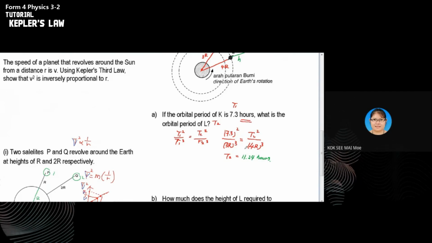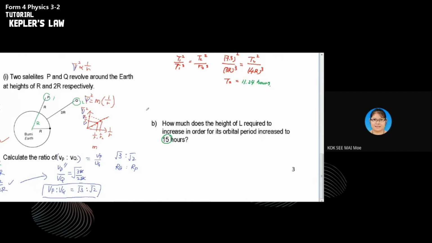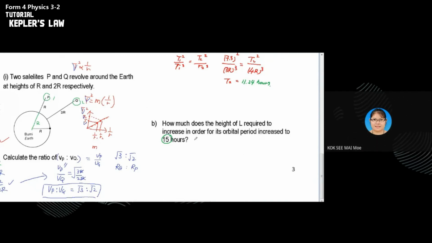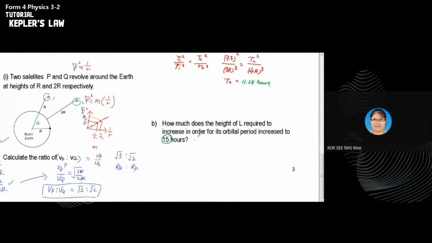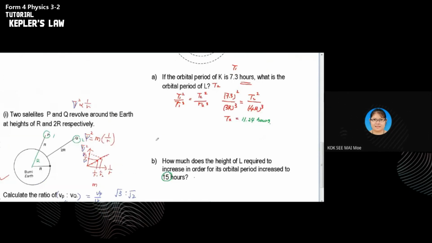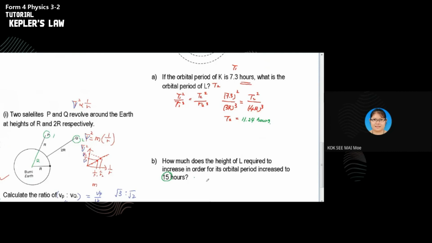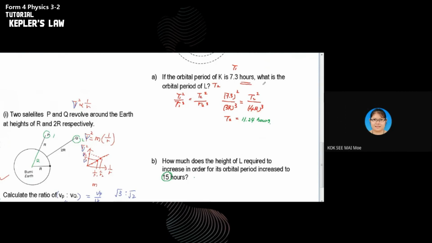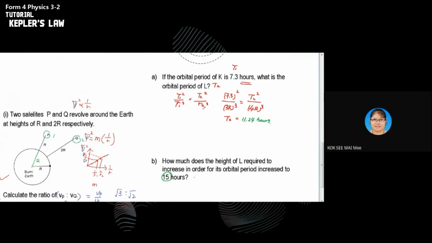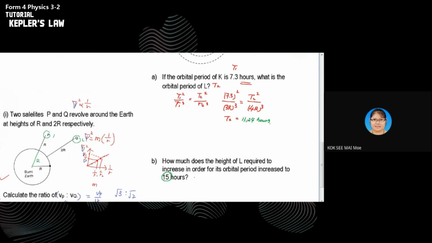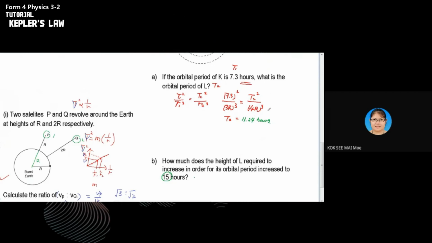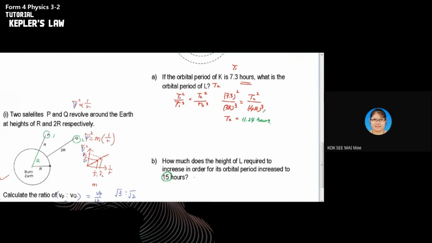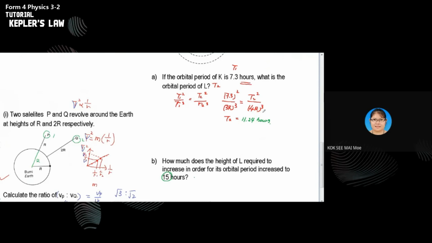From here, we're still using the same formula, Kepler's law. We take 7.3 for K, then 3R also for K. But for this part, we cannot use 4R already. We must use 4R plus H, because the H is what the question wants to find out.